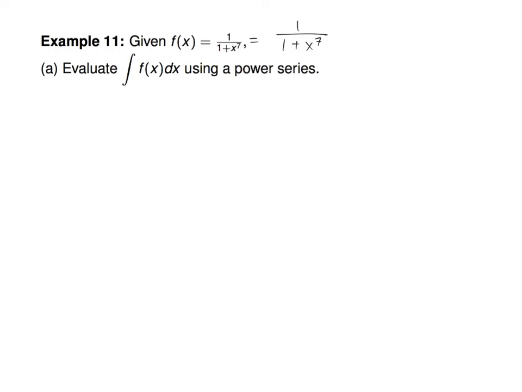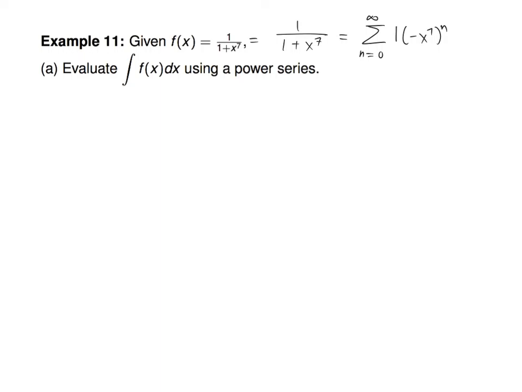So write this as a power series. It's the sum from n equals 0 to infinity. What's the a? What's the r? Negative, and it is negative, isn't it? To the n.